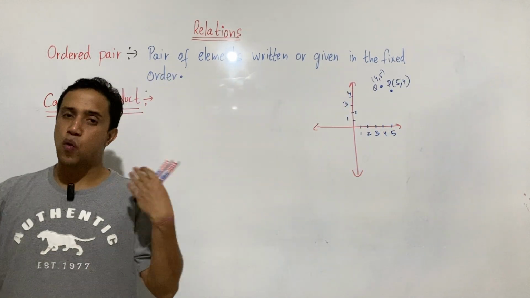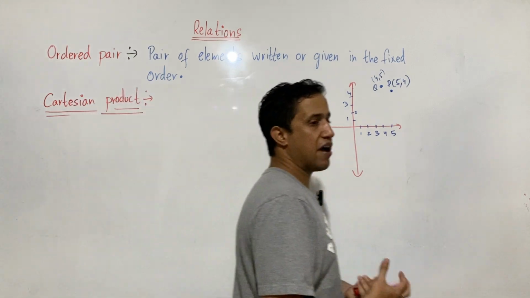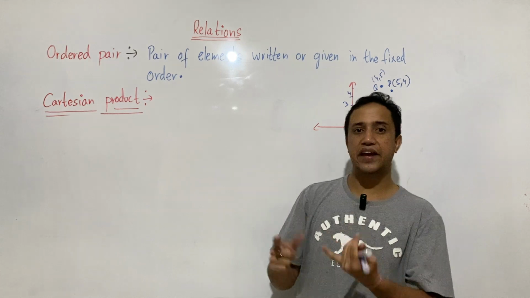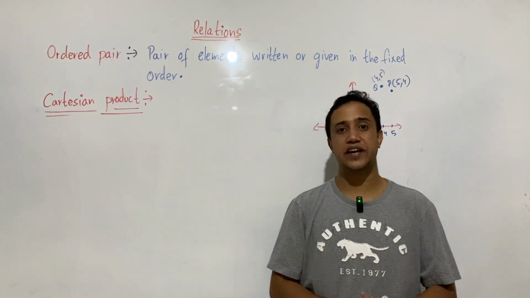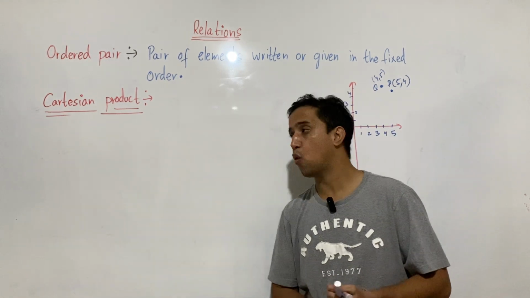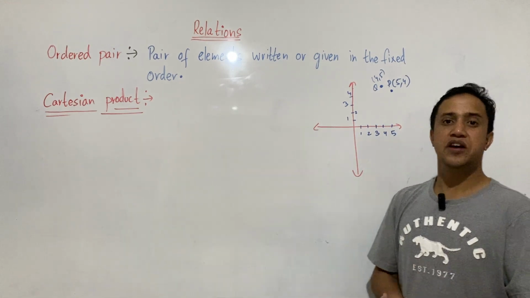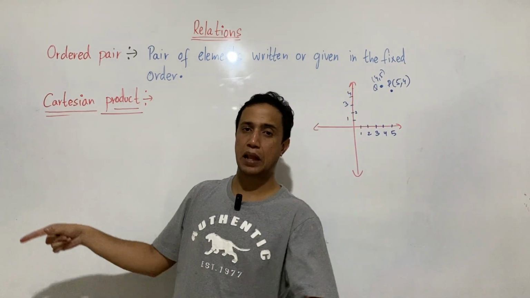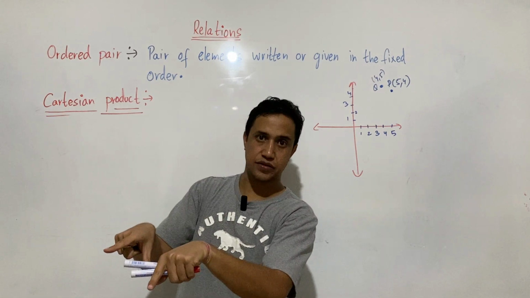Then in vectors, we also have ways to multiply two vector quantities. We can use the cross product, we can use the dot product. When we deal with matrices, we have different ways to multiply two matrices, right?